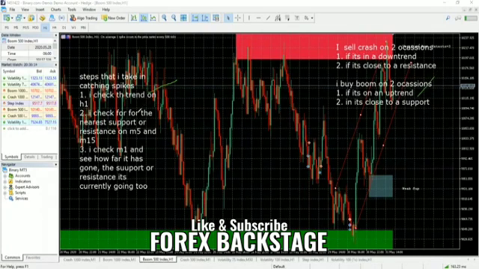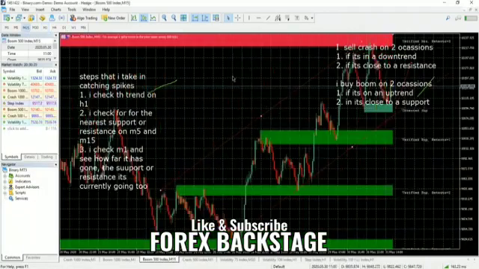Nice. I check for the nearest support or resistance on the M15. So let me go to M15 and check for the nearest support and resistance.